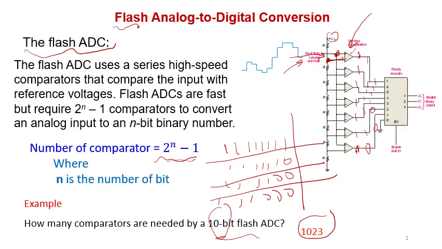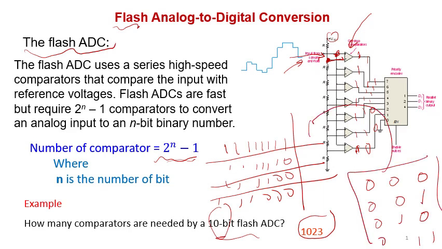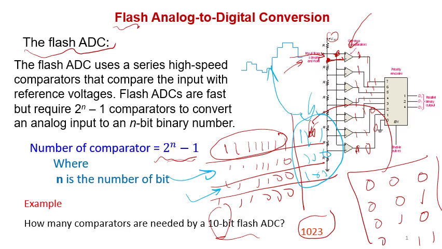So we can make it start from 0, 0, 0, then 0, 0, 1, then 0, 1, 0, 0, 1, 1, and so on. Each of these values is stored here. Whenever this value comes, for example, we will find on the output 1, 1, 1. Whenever this value comes, maybe we can make the output 0, 1, 1. Whenever this value comes, we can find something like 1, 0, 1, and so on. So this is the digital quantity equivalent to this analog signal.